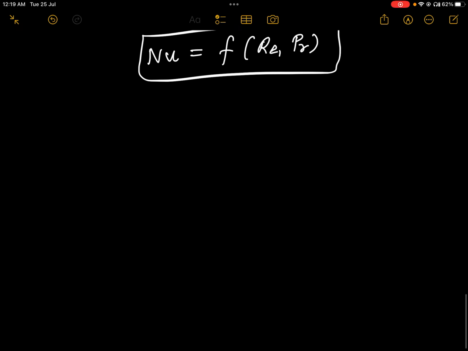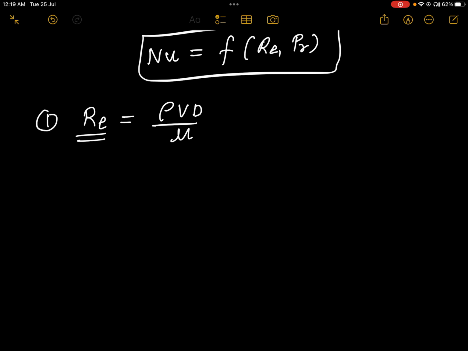We'll try to understand the physical significance of these dimensionless numbers in forced convection heat transfer one by one. First, let's try to understand the Reynolds number. As we have got, Reynolds number is equal to rho v D by mu.